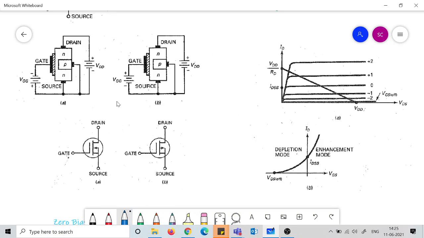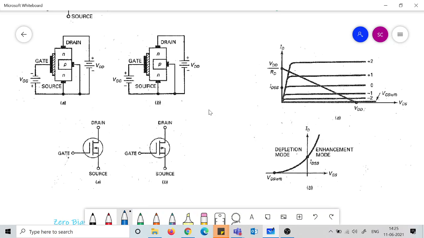Why this is called depletion type MOSFET, we will discuss when we come to the enhancement type MOSFET. Then you will be able to understand the difference. So there are two words, depletion and enhancement. There are two types of MOSFET, depletion type and enhancement type.